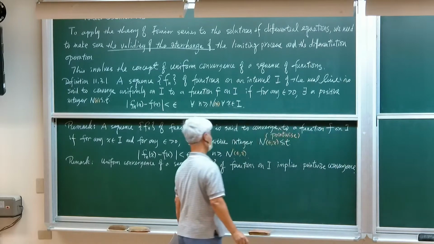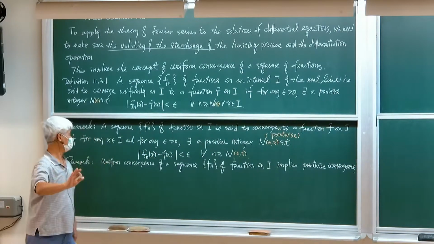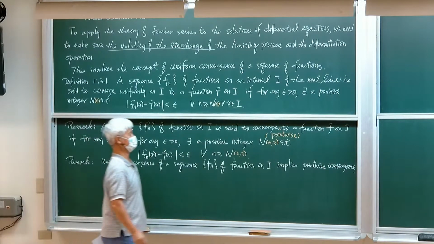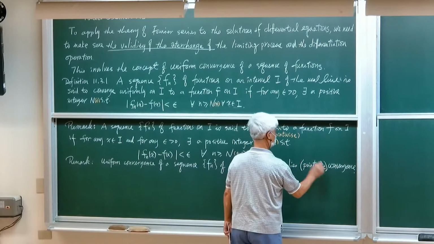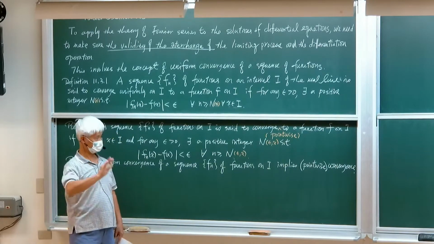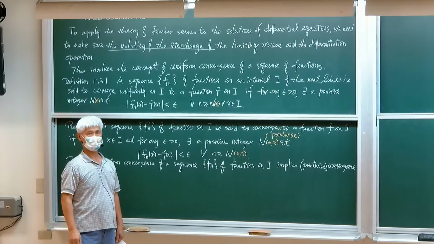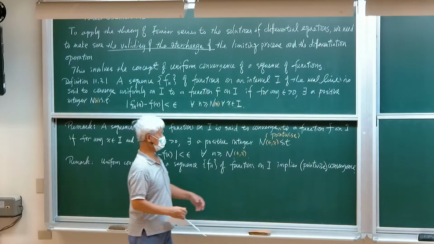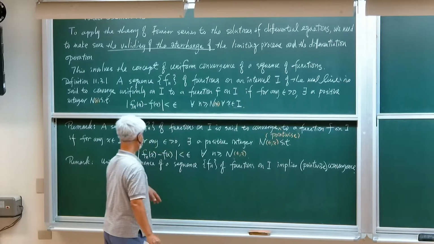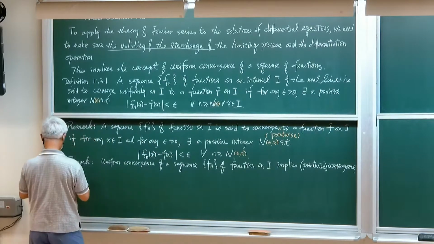So uniform convergence is stronger than pointwise convergence. So you may neglect the word pointwise, just convergence. But the converse is not true. Pointwise convergence does not imply uniform convergence.